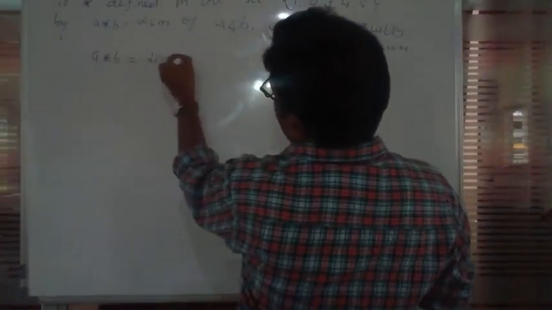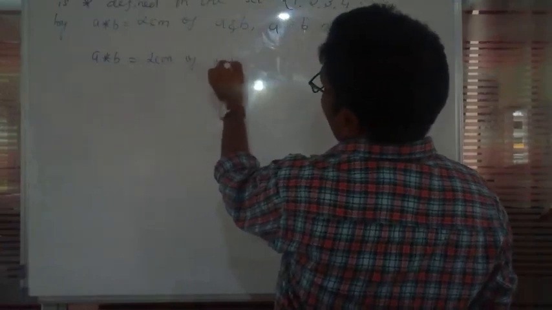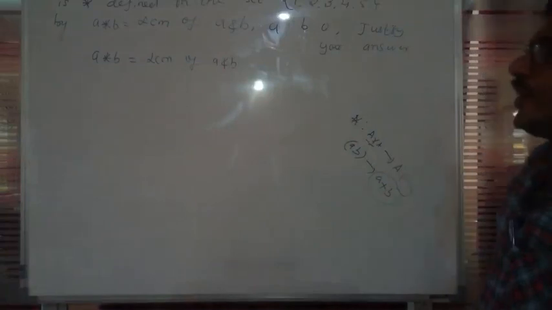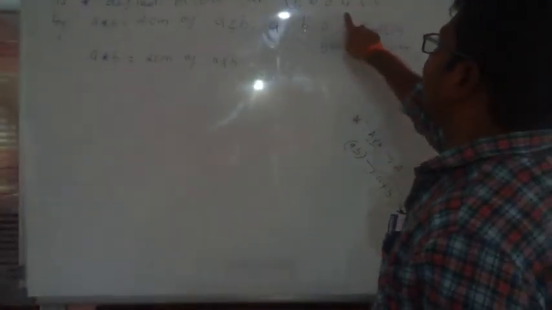They are given A star B is equal to LCM of A and B. So we take two numbers A and B from which set? We have to take this set only. They have not given real numbers, natural numbers or integers, just a simple set 1, 2, 3, 4, 5.